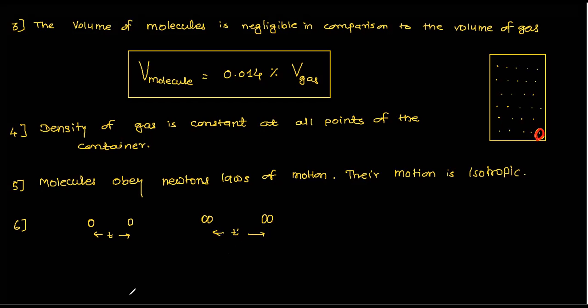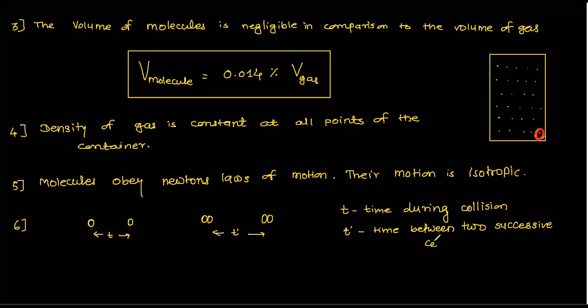Time t is the time during collision, and t dash is the time between two successive collisions.